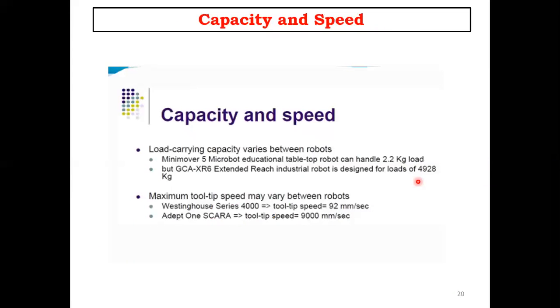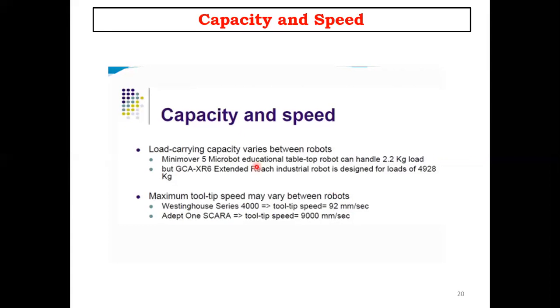Next, capacity and speed: the load capacity and the speed of the end effector with respect to the application and the different robots, because small robots cannot carry high capacity loads, and high capacity robots do not work in a fast manner. So it varies depending on the robot design.